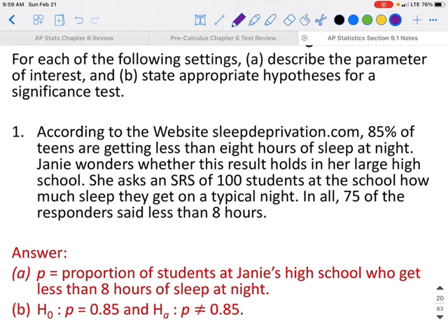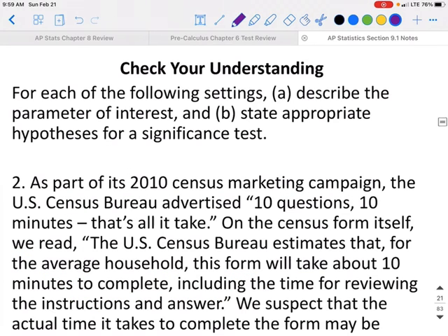Our alternative hypothesis, we don't know if they're going to have more sleep or less sleep than this, or a higher or lower percentage of students getting less than 8 hours of sleep than 85%. So we're just going to let our alternative hypothesis be that p does not equal 85%. We're assuming in her high school that it's not 85% of their students that get less than 8 hours of sleep a night. We don't know if it'll be less or more than 85%. We're just assuming it's not going to be exactly 85%.